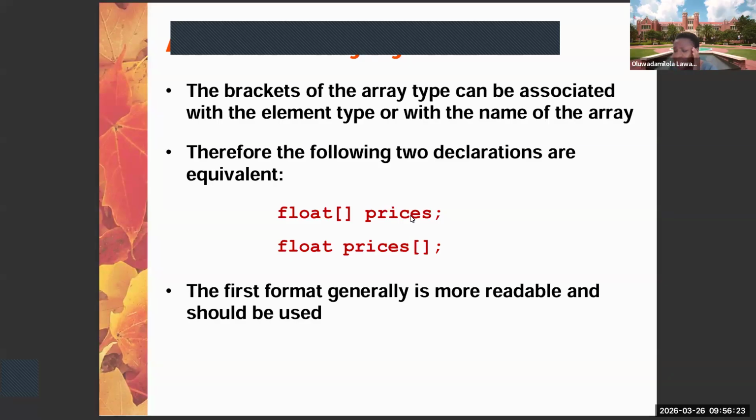Even the compiler understands immediately once it follows the data type: oh, now I'm working with an array and not just a specific primitive data type. So it's telling the compiler, hey, I'm working with a float array, an array that will be storing floating values.